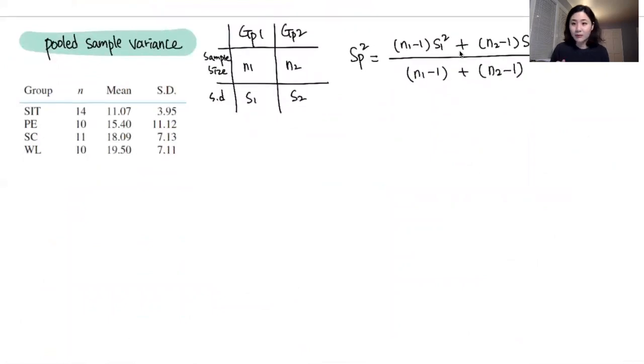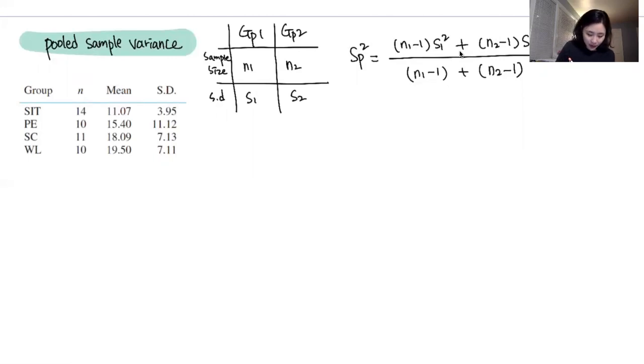So let's review the pooled sample variance. We have two groups with sample sizes N1 and N2 and standard deviations S1 and S2. The pooled variance is calculated this way: the denominator is the sum of the sample sizes minus 1, and the numerator is calculated in this way.